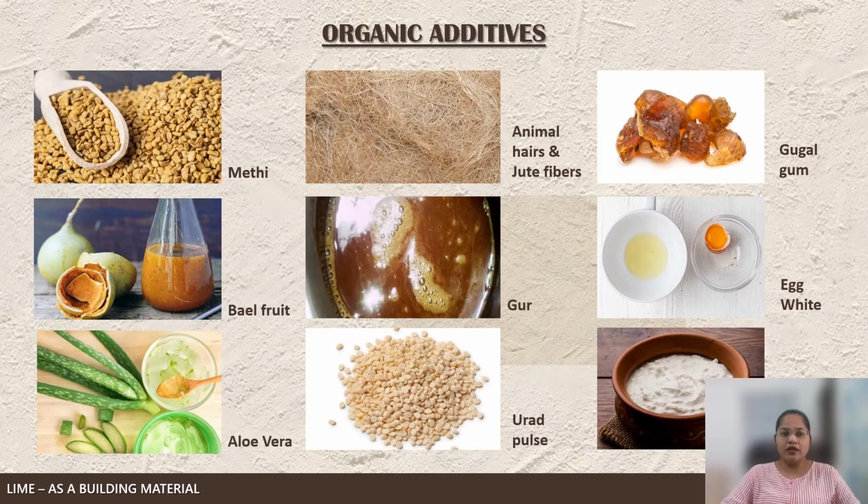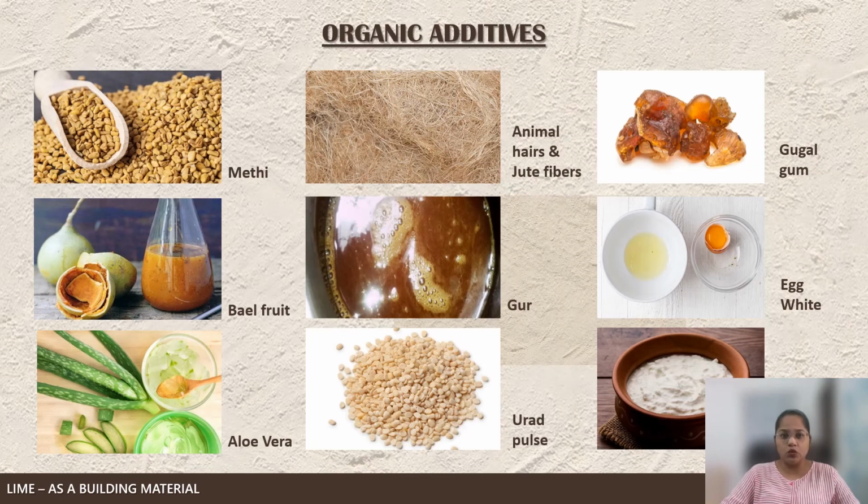Aloe vera is used for enhancing the sticking of the particles to each other. Animal hairs and jute fibers are also used to get strength. Gur is used extensively all over India to improve workability and provide waterproofing to the wall. Urad dal was commonly used in Maharashtra as a binder in traditional lime mortar. Egg whites were used in Tamil Nadu in lime plaster to impart a shine to the plaster and keep the interior spaces cool.